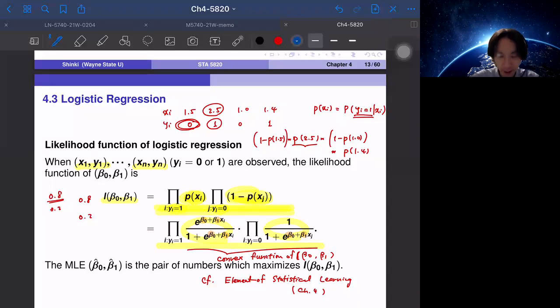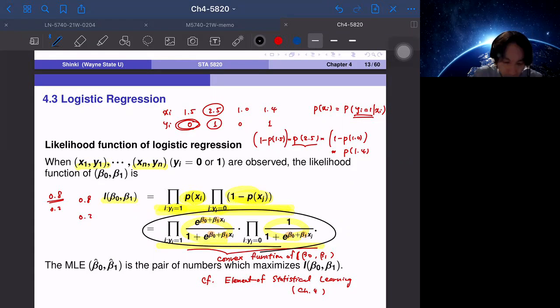That is basically the easiest function to find the minimizer or maximizer if the principal coefficient is negative. So that is the easiest case to optimize the parameters. But for logistic regression, because of f, we have a very complicated function of beta 0 and beta 1.